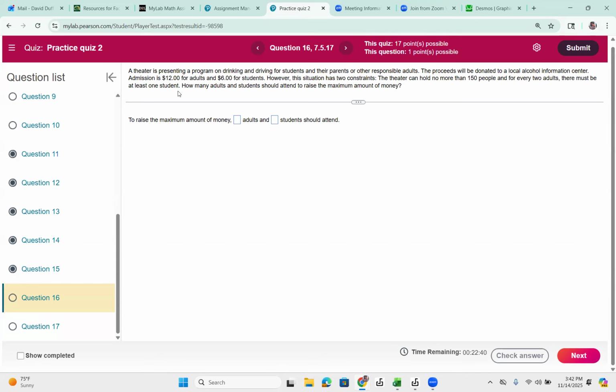I was thinking 2y, really, I was thinking 2y is greater than or equal to x. Right? Like 2 students has to be more than, or I'm sorry, yeah. So 2 times the number of students has to be greater than the number of adults.